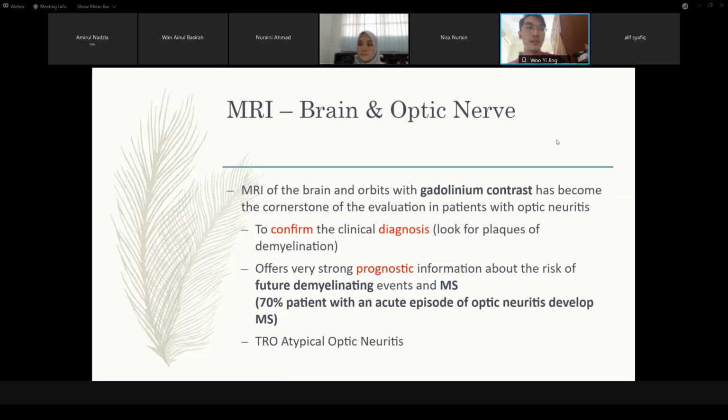But based on the research in HUSM by Prof. Shatriah, very few Malaysians actually have this association between multiple sclerosis and optic neuritis. I'll show you the research results later. And this most commonly happens in the US. So we have to rule out atypical optic neuritis through MRI also. Next slide.